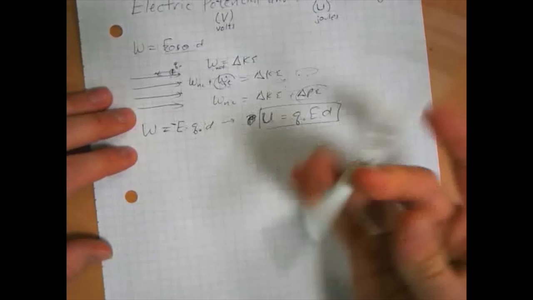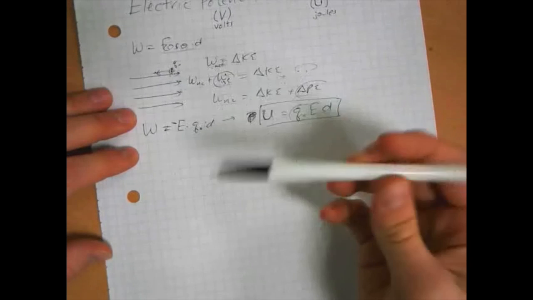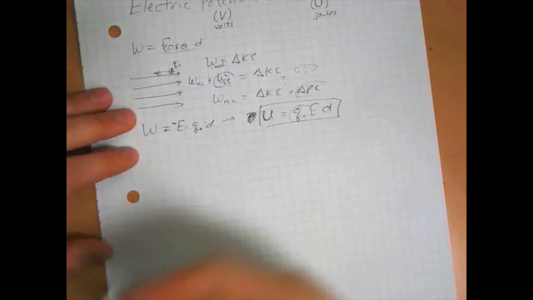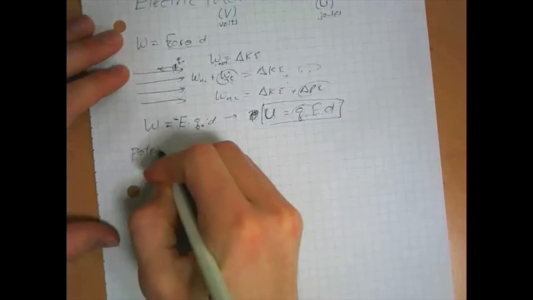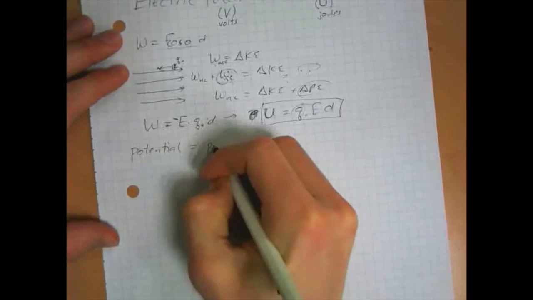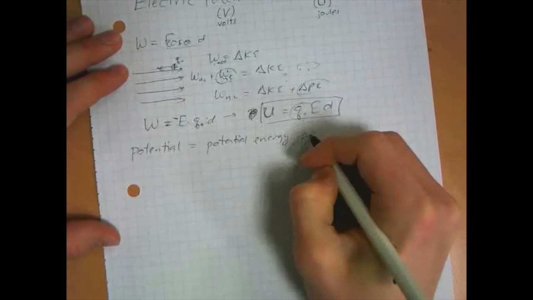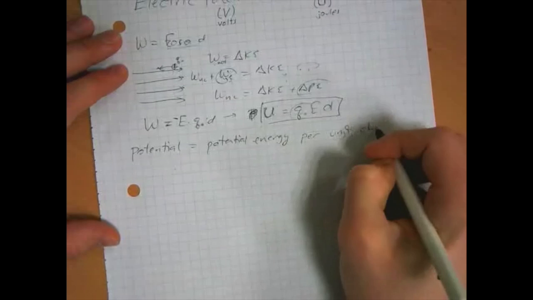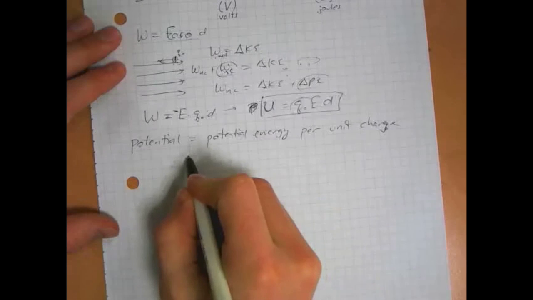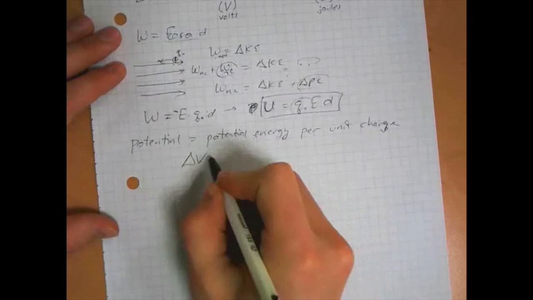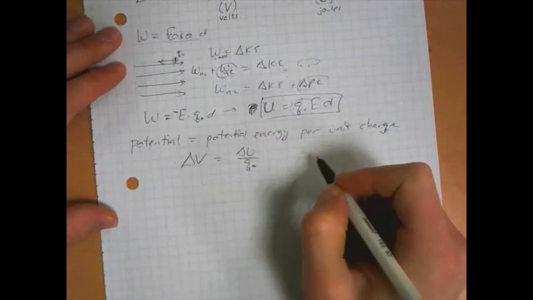Now, because there's this value of Q here, it's useful to define the potential as potential energy per unit charge. So a change in potential is equal to a change in potential energy over that charge.